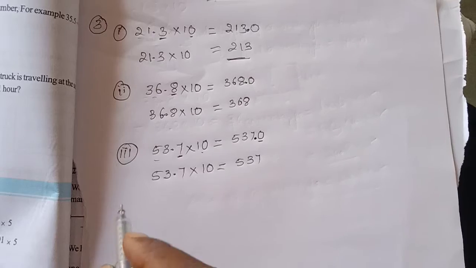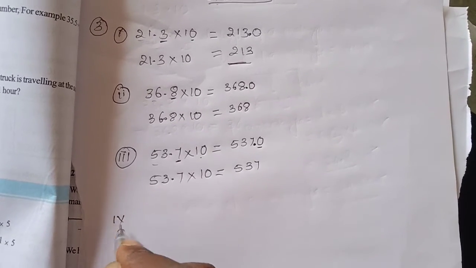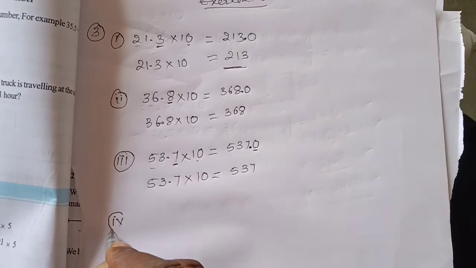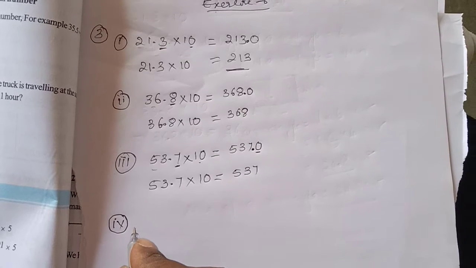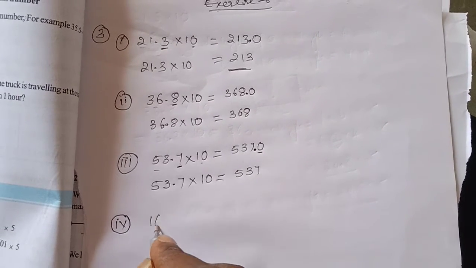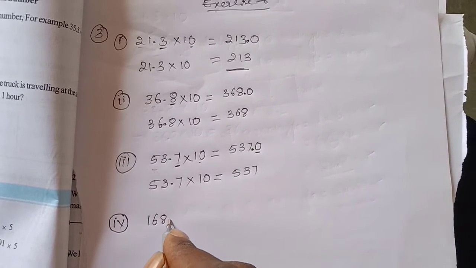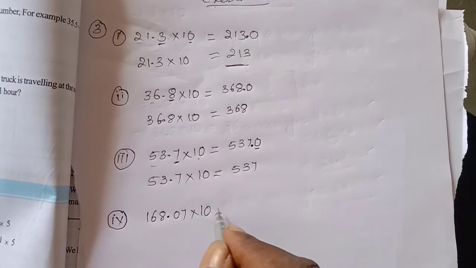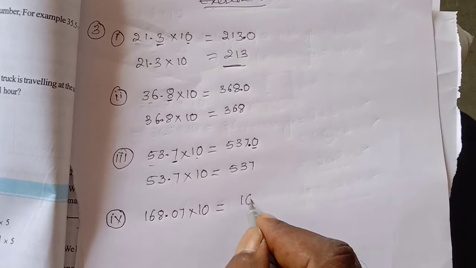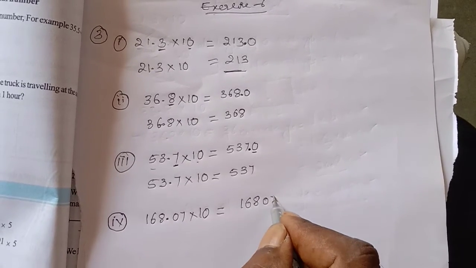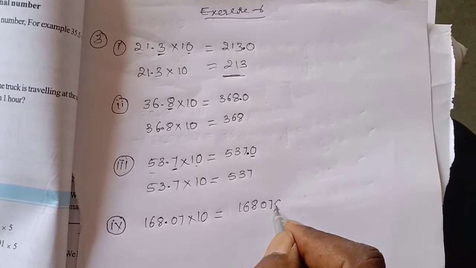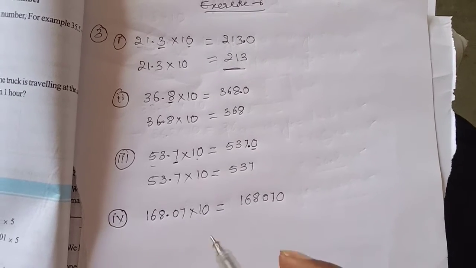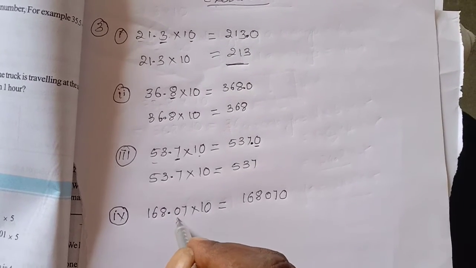So we can go for the fourth one. What is the fourth one? 168.07 into 10. Similarly, it is also the same. Take the 10. Now count the digits in the decimal part, 1, 2.